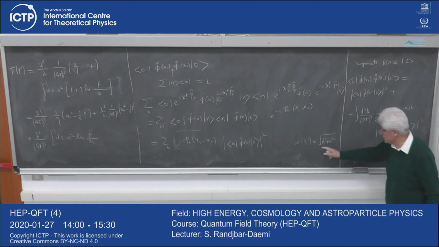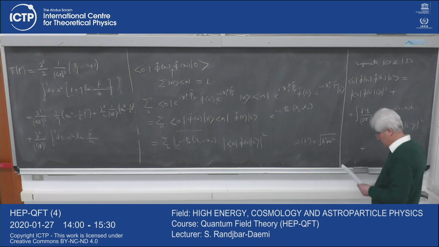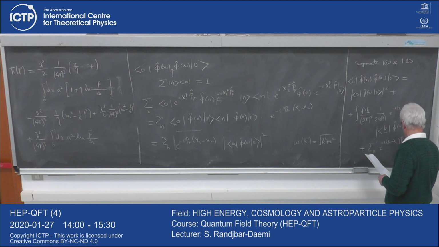It's the physical mass that enters into the definition of omega, because we are inserting physical states. And then the rest is standard. Plus the sum of terms, on which I will put a prime in order to indicate that we have separated the ground state and the one particle state, so they should not be included in the sum anymore, because we have already taken care of them.